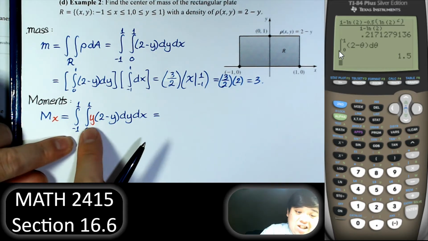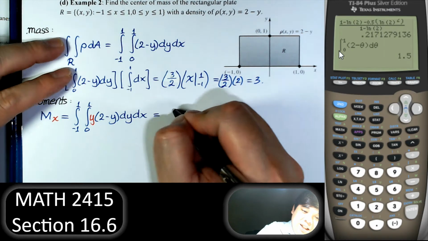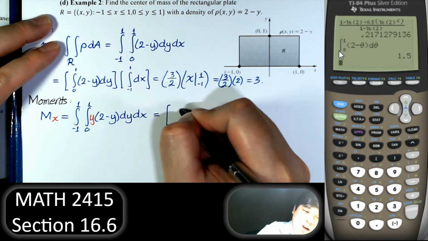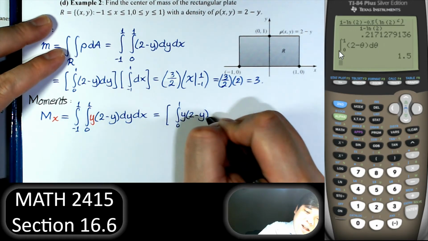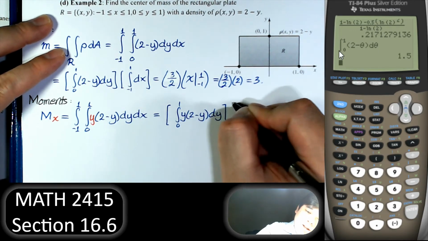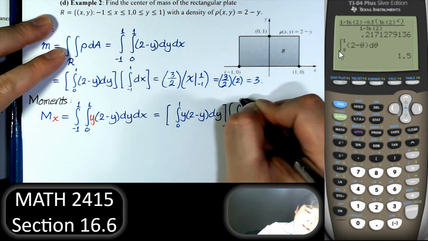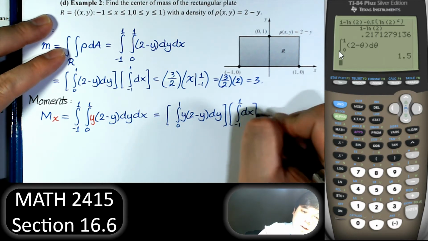Regardless, this still is Fubini's theorem. So group the y together from 0 to 1, y, 2 minus y, dy. And then we still have that, which is 2.